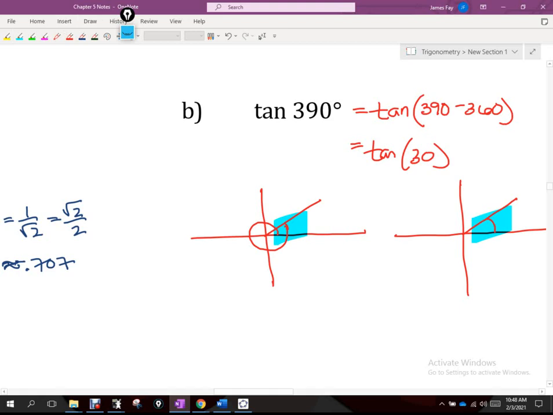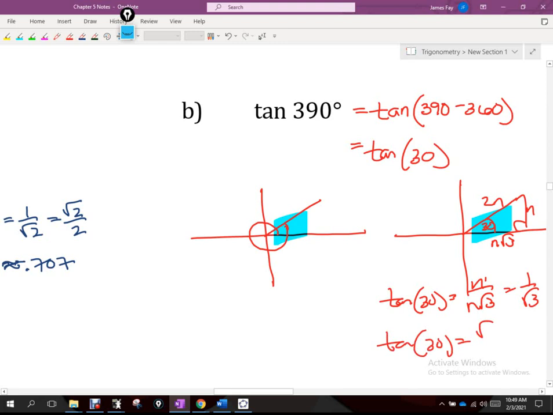So again, if I've got a 30-degree angle here, that's n radical 3, 2n. Tangent of 30 degrees is opposite over adjacent, 1 over root 3. As an exact value, they're going to say radical 3 over 3. Which I think it's like a 0.5 number.